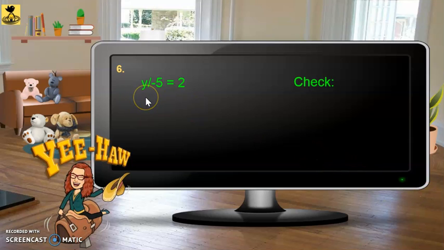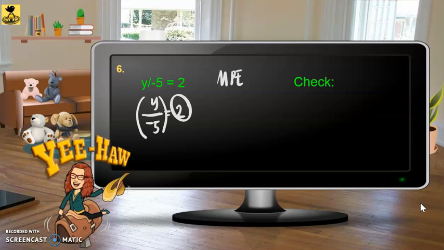Okay, so y divided by negative 5 equals 2. Let me just rewrite it down here. y divided by negative 5 equals 2. So since this is division, we will apply the opposite. We will apply the multiplication property of equality. So it means that we will multiply both sides by negative 5.